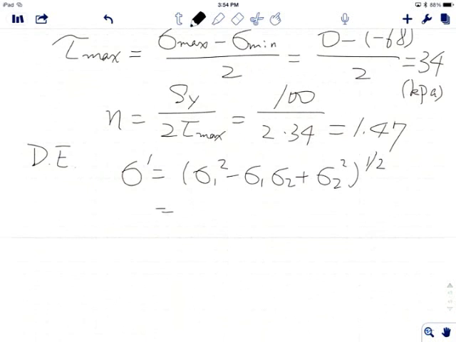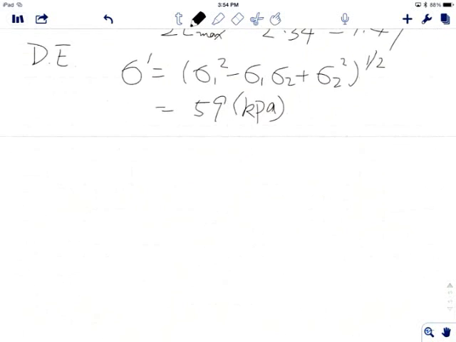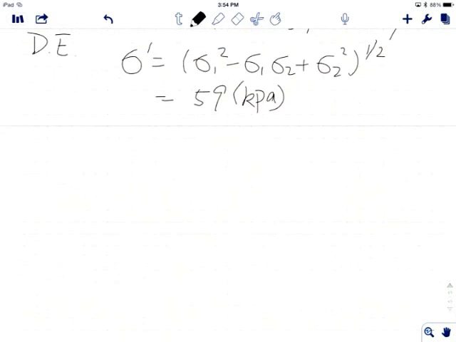Looks like this example is making you guys nervous, huh? We'll all go outside. Right. Okay, so 59 kilopascal. How many of you are taking dynamics and assistant dynamics? How was the exam yesterday?